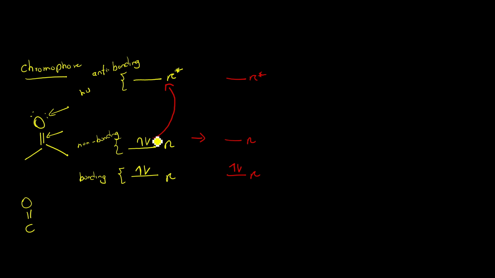The non-bonding orbital is going to absorb the energy and go into the higher energy state. So in this case you only have one electron remaining. What happens to the other electron? It has been excited.